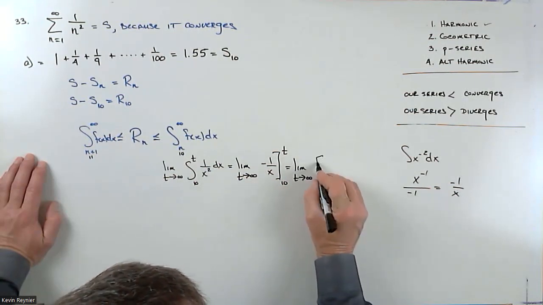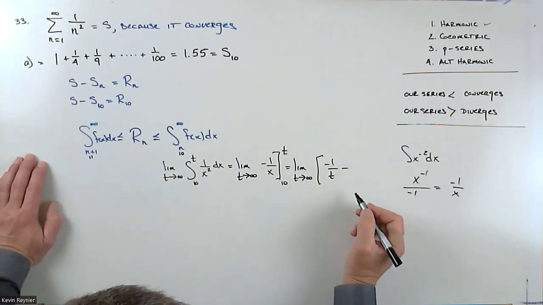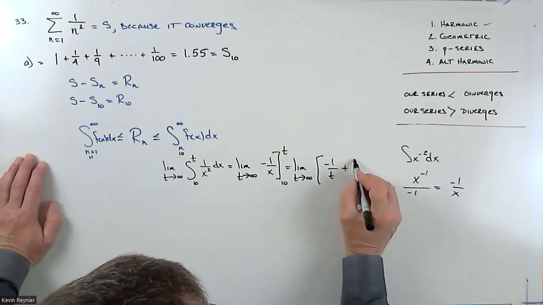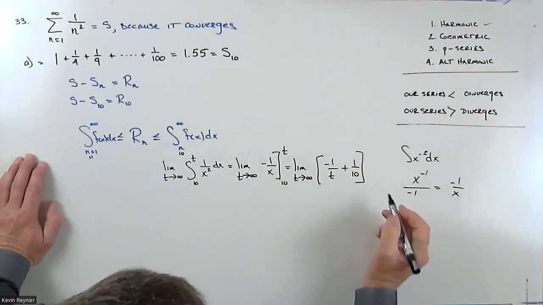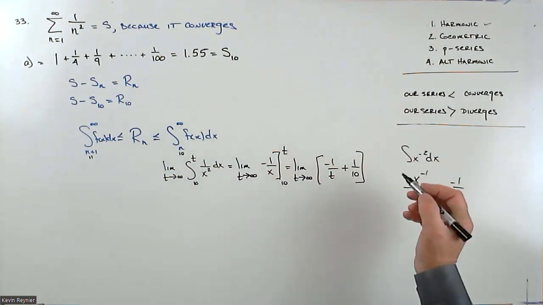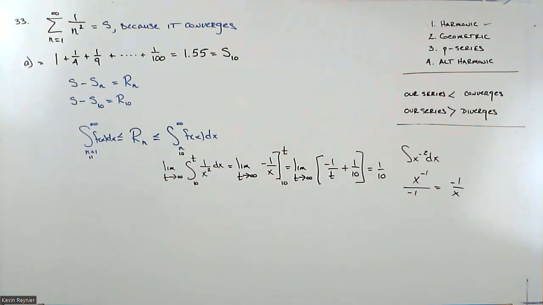We put a t in here, minus 1 over t, minus, from the fundamental theorem of calculus, then that minus makes it a plus 1 over 10. Well, as t goes to infinity, that's 0, right? 1 over infinity is 0. So this thing equals 1 over 10. So this is 1 over 10.